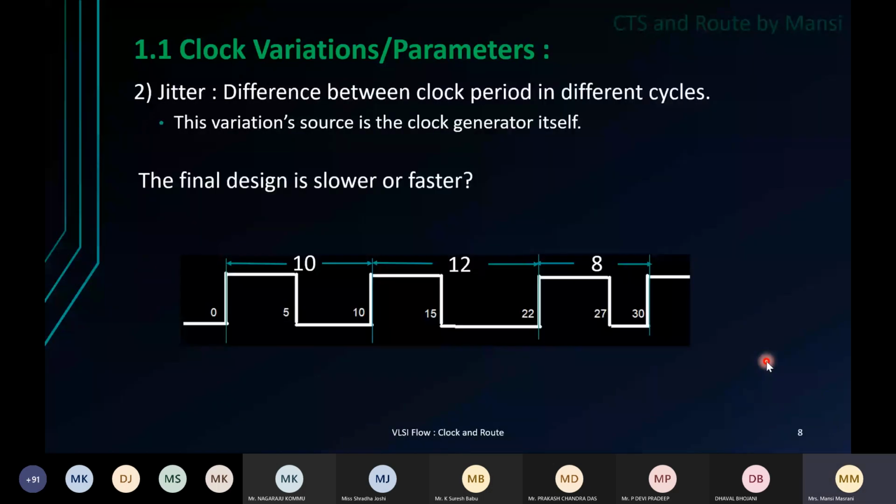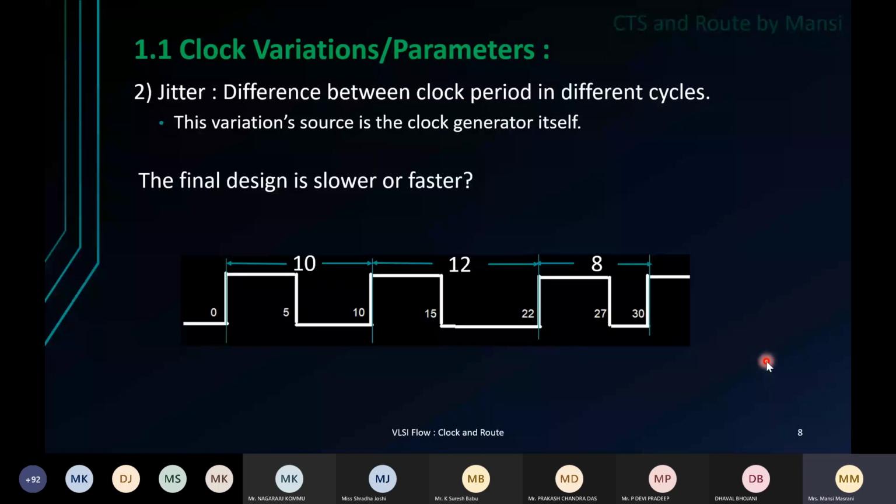The second variation or parameter of the clock is called jitter. Jitter is the difference between the clock period in different cycles. Even though we say that the clock is square in shape, in reality it is not. On top of that, the clock period itself varies.